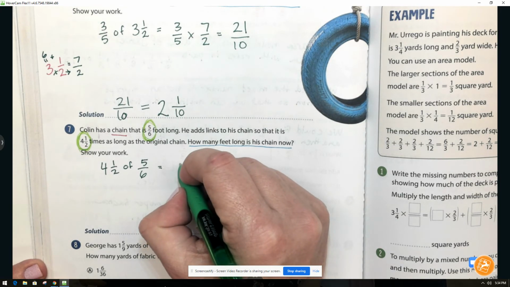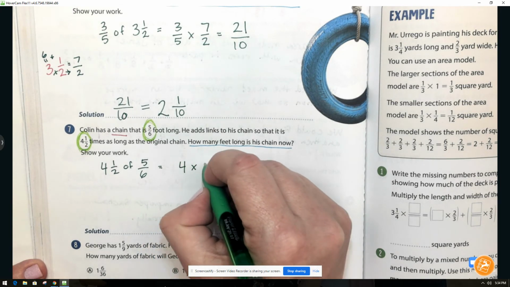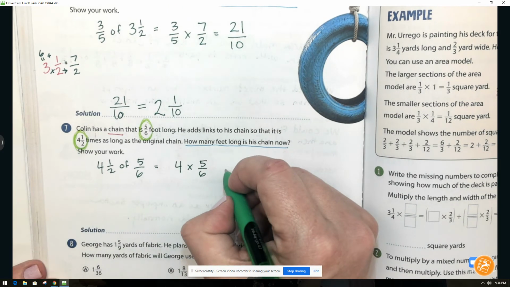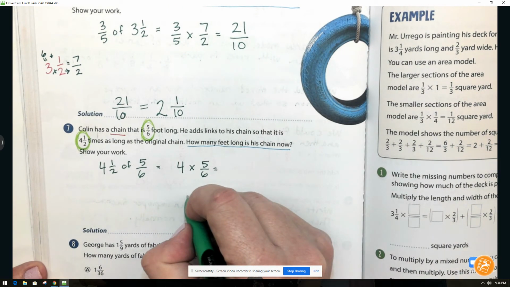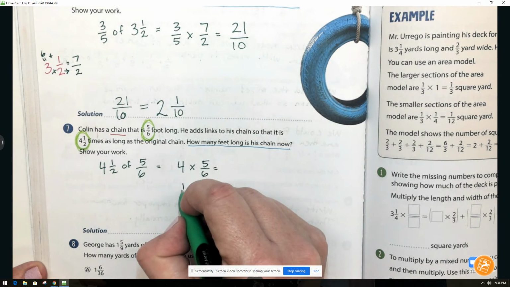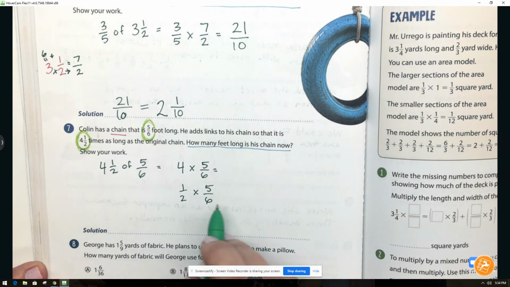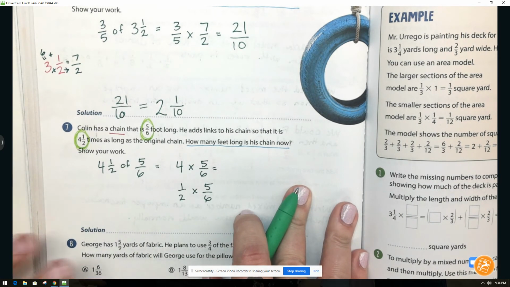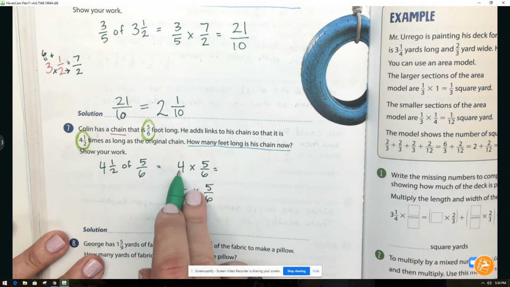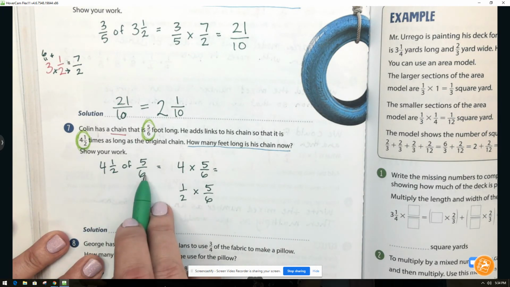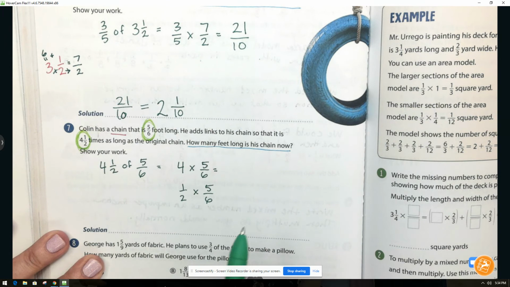I'm going to first do what is 4 times 5/6, or what is 4 of 5/6. And then I'm also going to do what is 1/2 times 5/6. So what I'm doing is I'm breaking this 4.5 into two parts. So 4 times 5/6 and then 1/2 times 5/6.